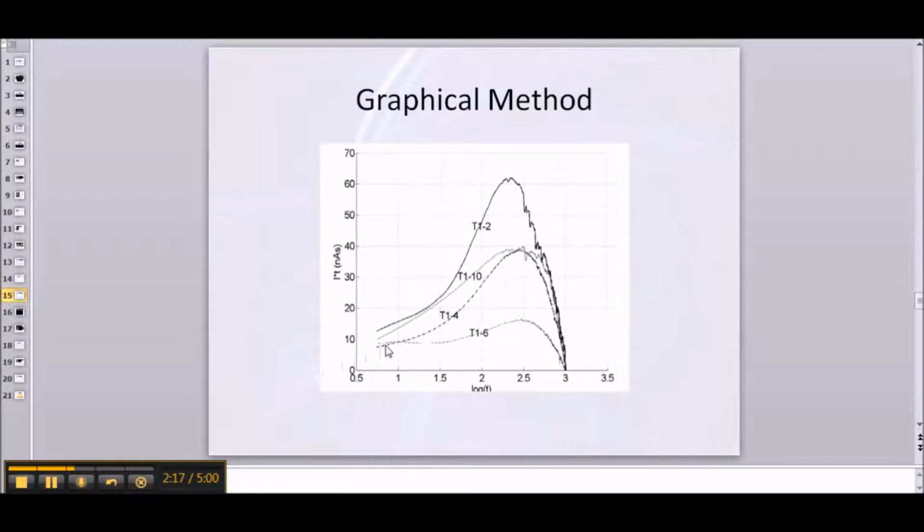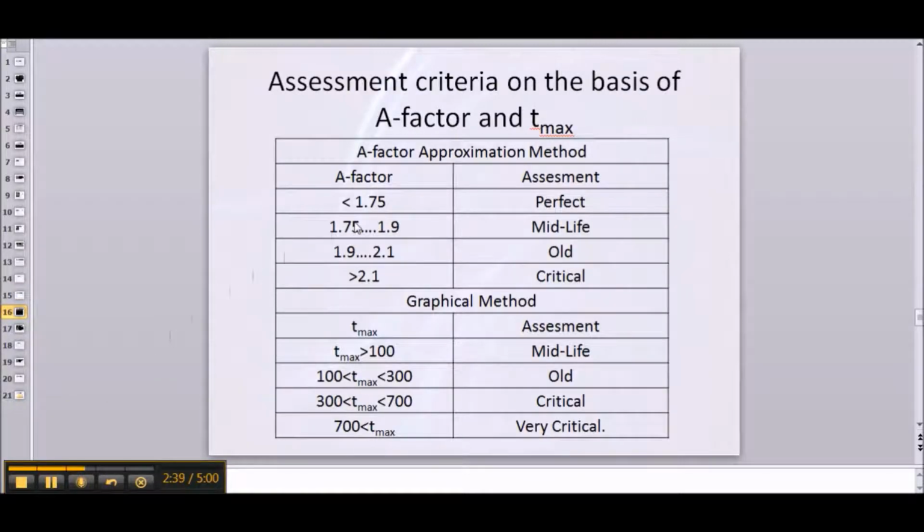However, for the Tmax, we plot the I into T curve against the logarithm of T and find the corresponding time at which the maximum value of I into T exists. This method is called the graphical method of finding the Tmax. Once A factor and Tmax are evaluated, these are the criteria given in the literature for the analysis of the cable.